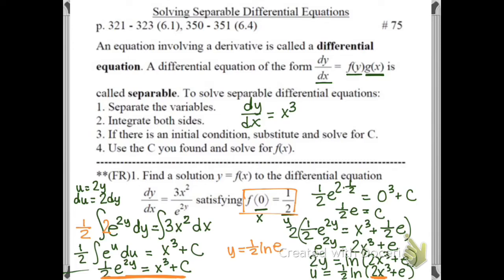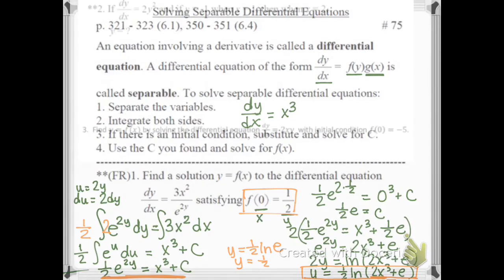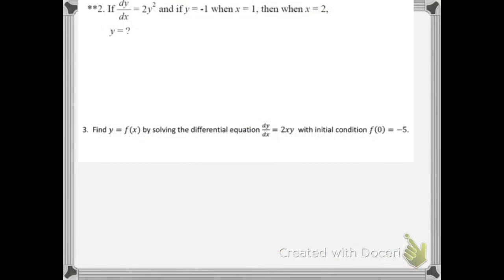But ln of e is just 1, so y is equal to 1/2. So it does satisfy the initial condition when we plug a 0 back into our answer. Okay, let's take a look at a couple more examples.